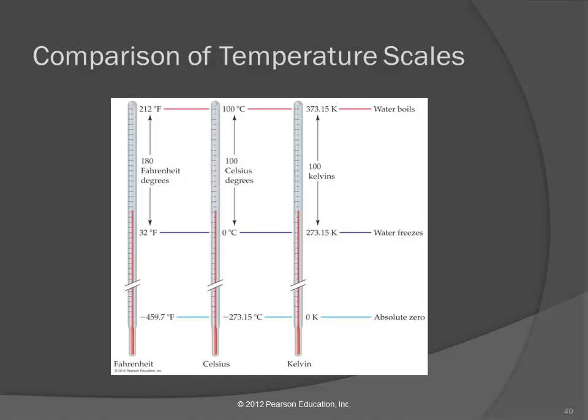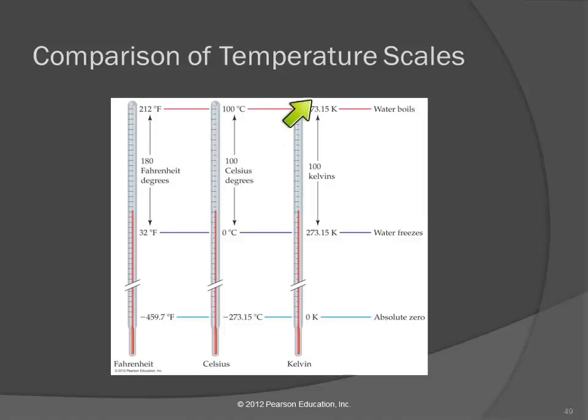And so that is something that has to be done with a formula, and we'll look at those in a minute. And then over here we have what's called the Kelvin scale. And these numbers may seem random as well. Water freezes at 273.15 Kelvin, and it boils at 373.15 Kelvin.